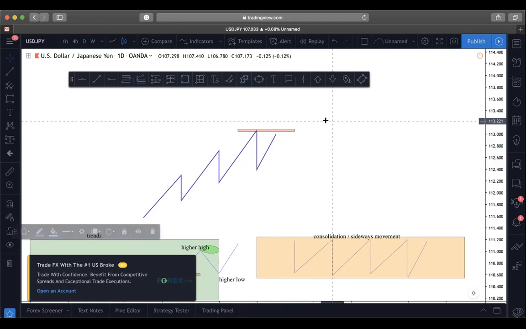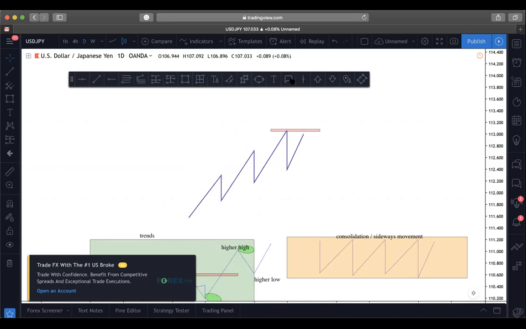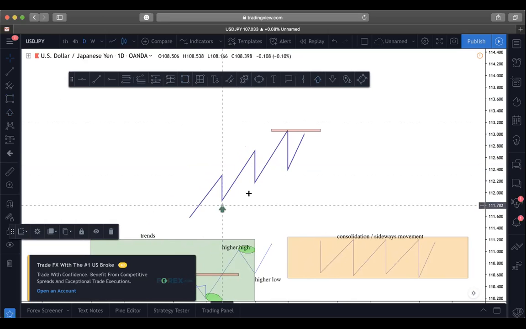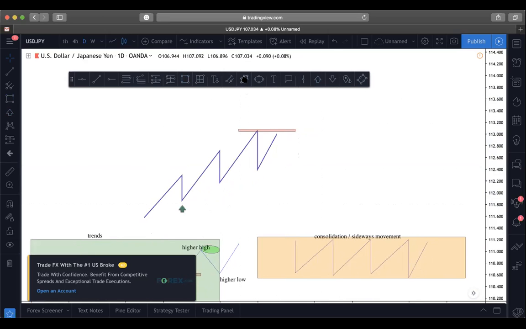Because the characteristics of an uptrend is higher highs and higher lows, right? Higher highs and higher lows, right? Now, it might get kind of confusing with the highs and the lows or whatever. But all you gotta know is an uptrend is higher highs and higher lows.